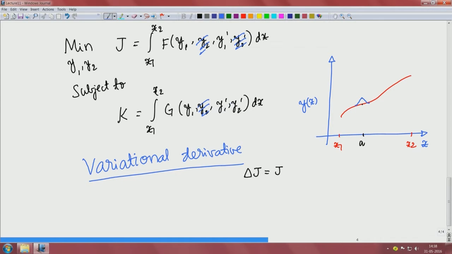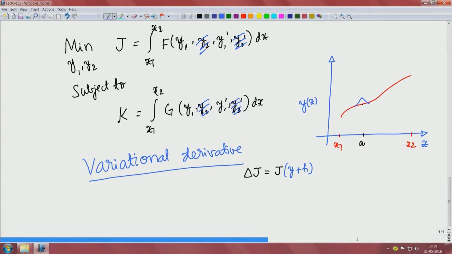If I make some change in y, what happened to the change in the functional? We have J with y plus h, where h is a little perturbation.